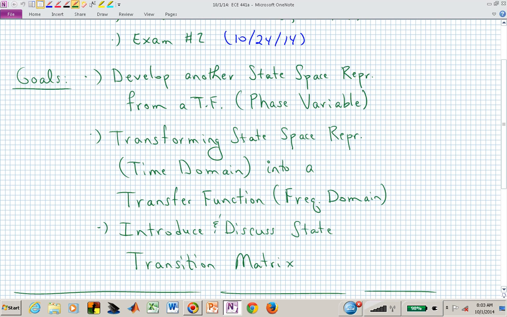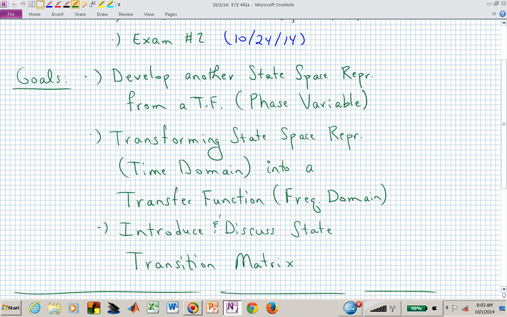We quickly derived that transfer function. We want to dig a little bit deeper into that because now we want to understand some of the pieces of that, and one of those pieces is the state transition matrix. That is this e to the matrix At that you need to learn how to compute, know how it's computed, and understand what it really means.